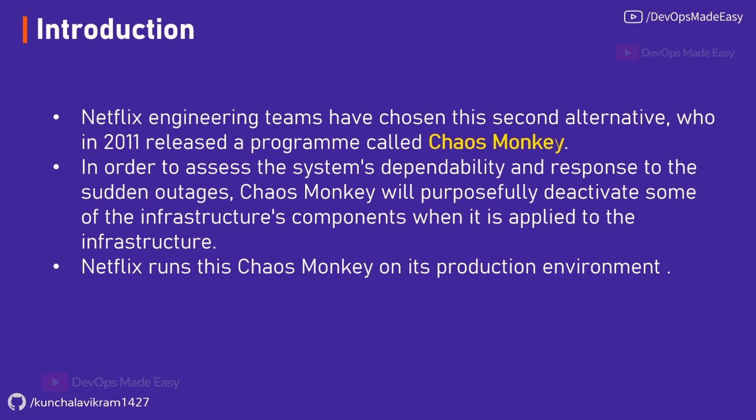In order to assess their system's dependability and how it responds to sudden outages, kube-monkey, the application Netflix developed, purposefully deactivates some infrastructure components when applied to the infrastructure. So it basically creates outages intentionally in the infrastructure. And Netflix runs this intentionally in its production environment to test its system's reliability.